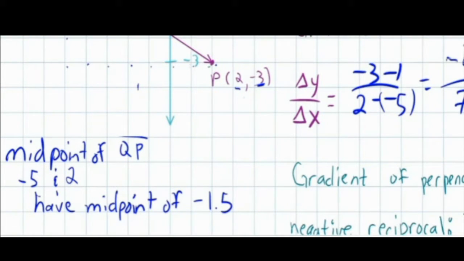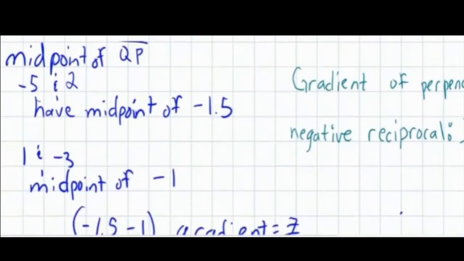So it's -1.5 here, because if you go from 2, you go out 3.5 spaces. That leaves you over here with 3.5 spaces. So halfway between happens to be at -1.5.